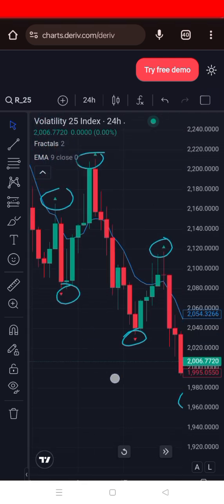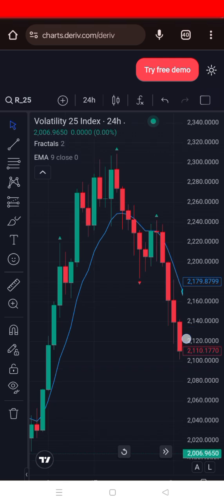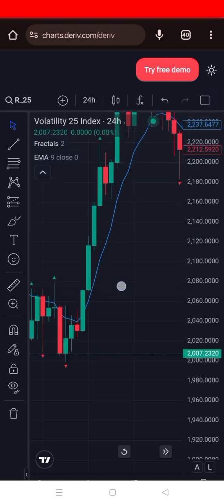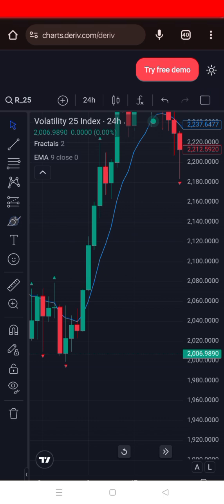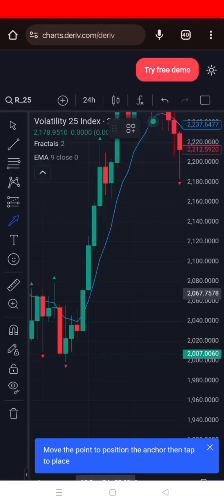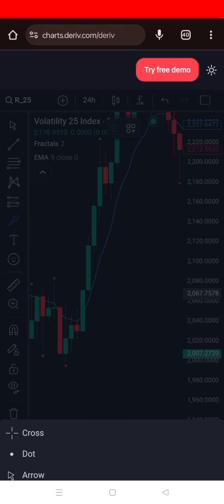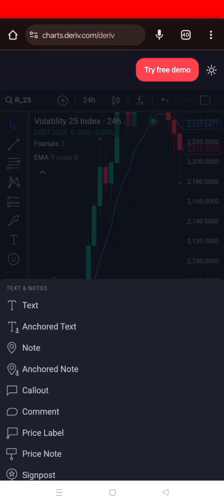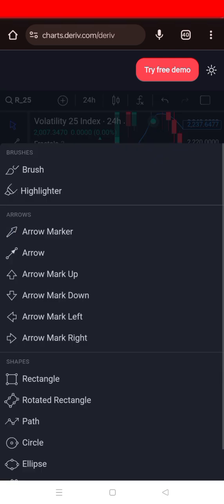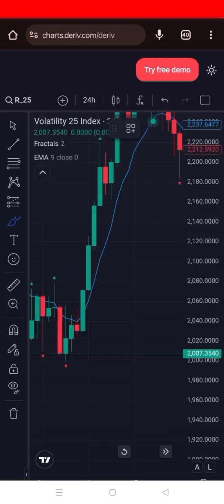As it is placed, you can see it's showing us a very good movement. This is period 9, and the best to use is period 10, so it can give you correct and perfect entries. Currently you can see it shows a very good uptrend in this area.